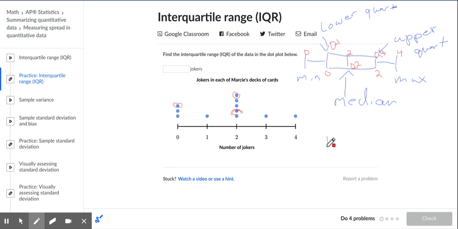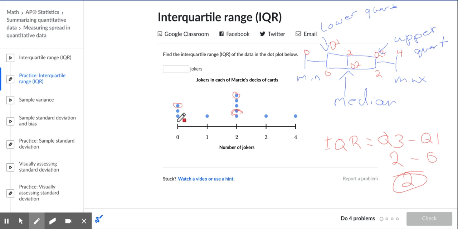The interquartile range is Q3 minus Q1. So in this case, that would be 2 minus 0, which is 2. So the interquartile range is 2.